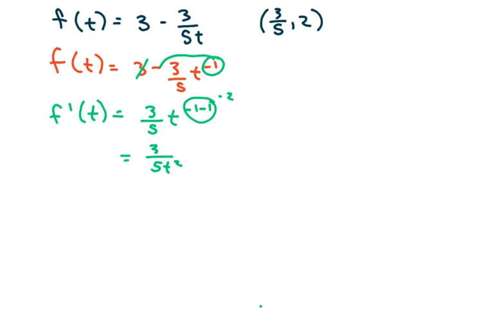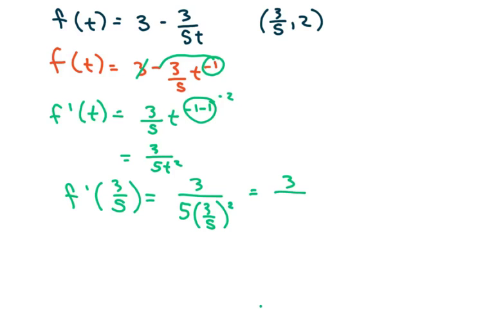Now what we're going to do is take the derivative of f at 3/5, and when you plug that in, you get 3 over 5 times 9 over 25.